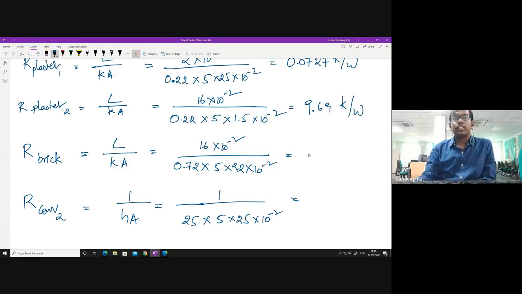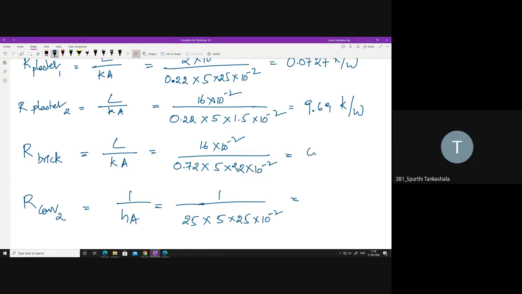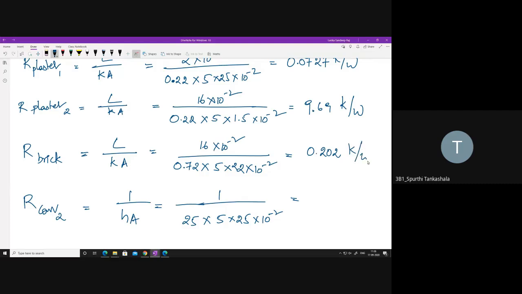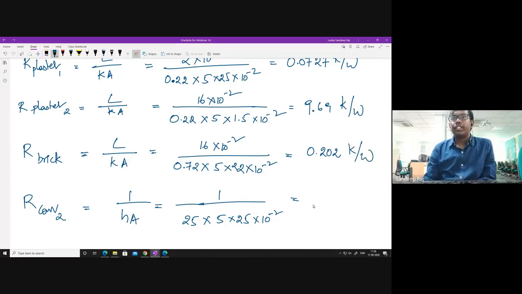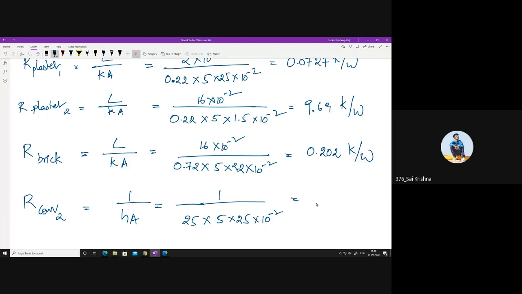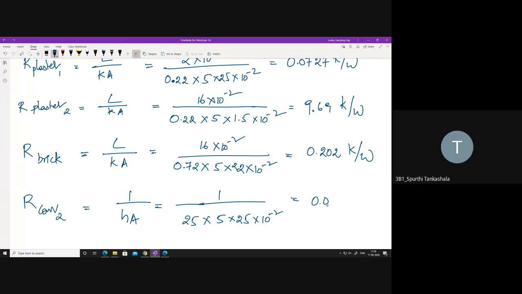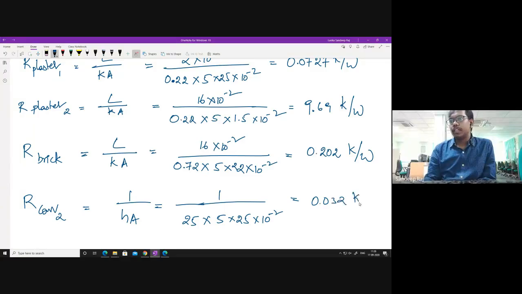And this one, 0.202 Kelvin per watt. Good. R convection 2: 0.032 Kelvin per watt. Okay, good.